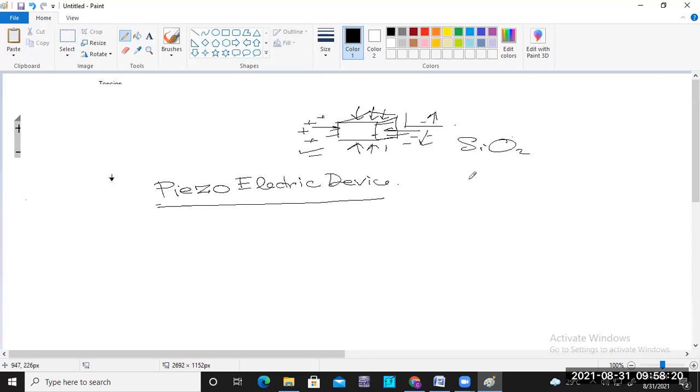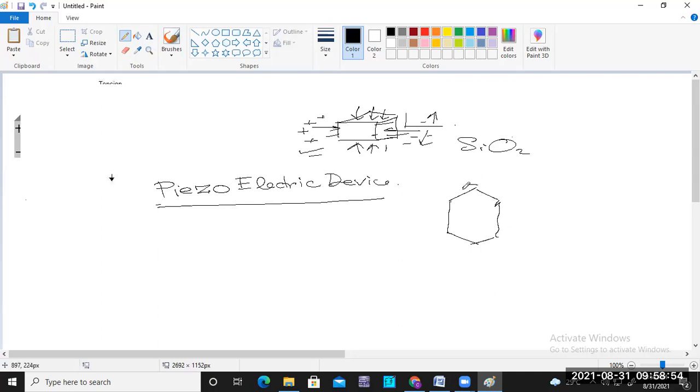Now, how does it work? Look, silicon dioxide forms a benzene ring in this crystal.